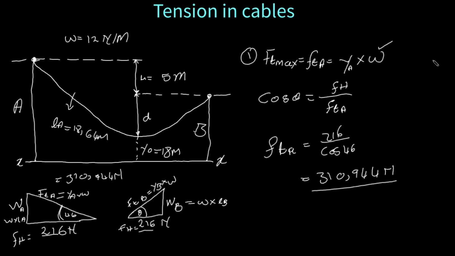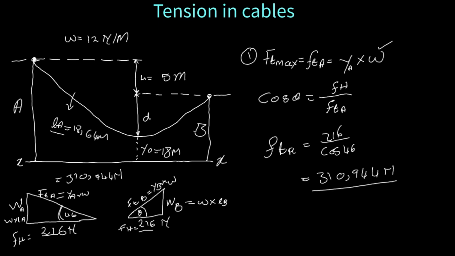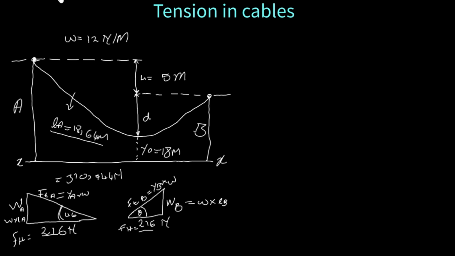But either way, we are going to the second question, which is question number 2. They say calculate the length of the cable. We already have the length of the cable from the turning point to support number A. We now need the length of the cable from the turning point to support number B. Question number 2.